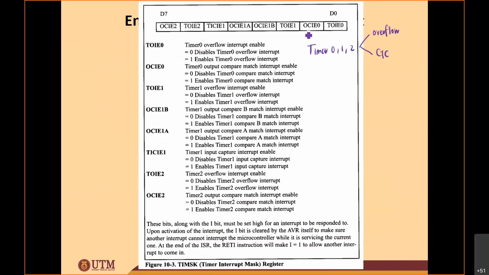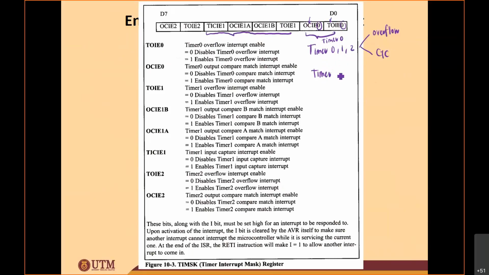So this is for timer 0. If you see here, this is the overflow, and this is the C for compare match. Then you have this one for timer 1.